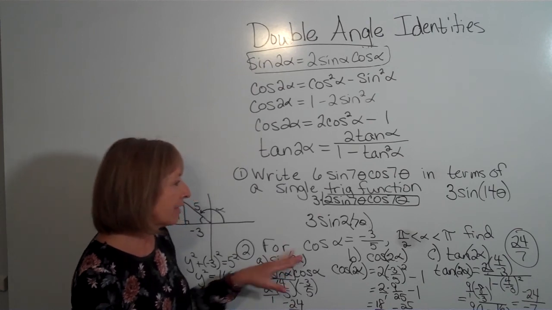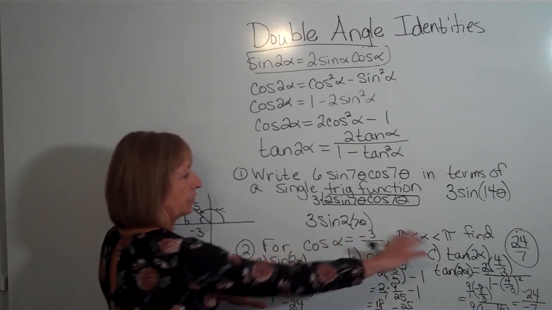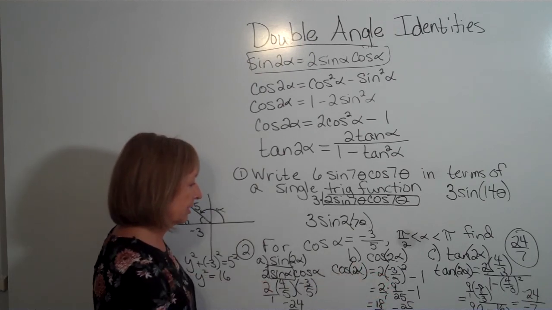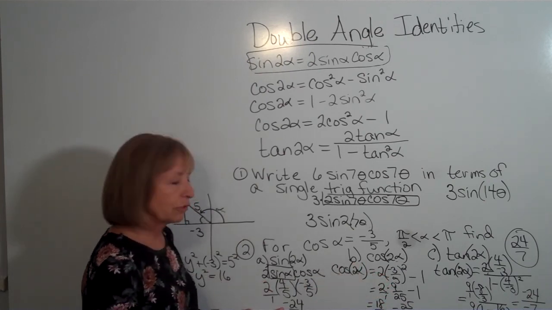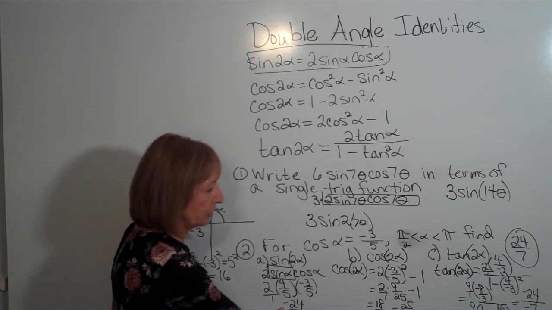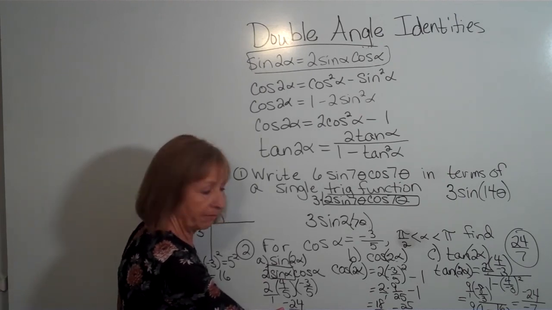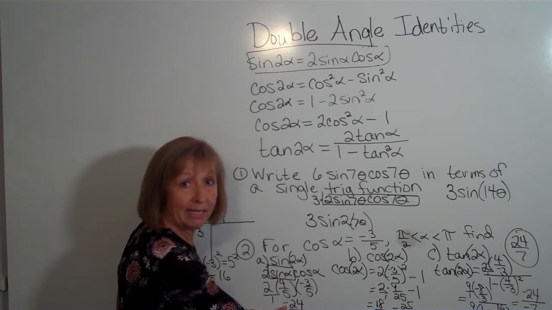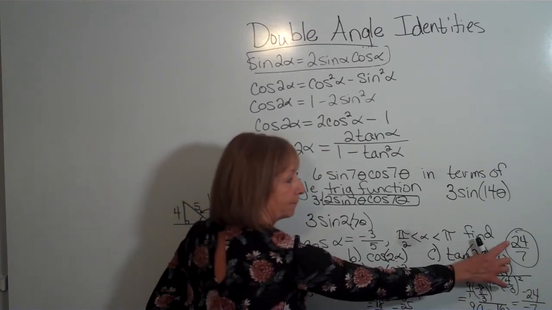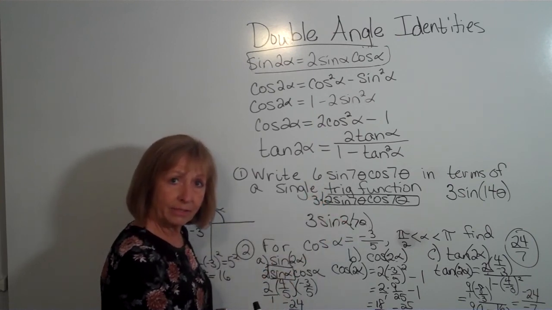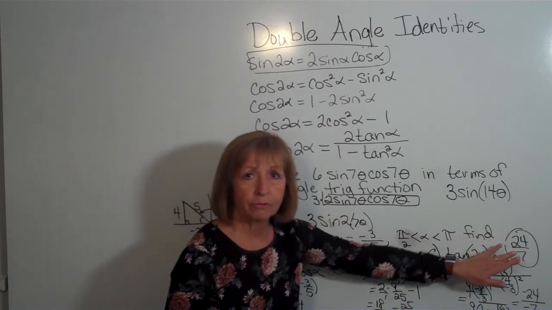So for this particular question, it's all relating to alpha and asking twice alpha for that particular angle. The sine of 2 alpha was negative 24/25. The cosine of 2 alpha was negative 7/25. So when I take this negative 24/25, divide by negative 7/25, negative divided by negative is positive. When you flip and multiply, the 25s will cancel, and you'll get 24/7.